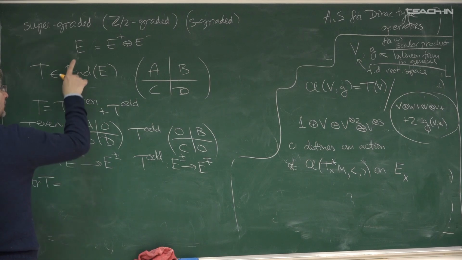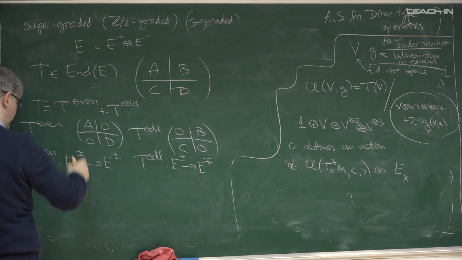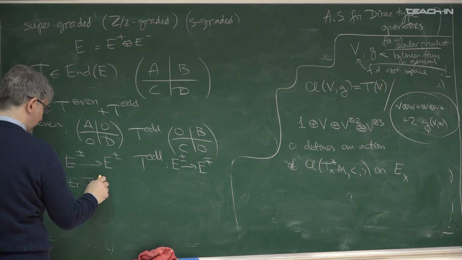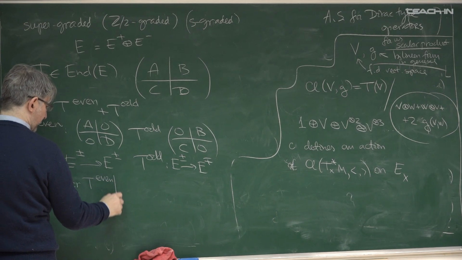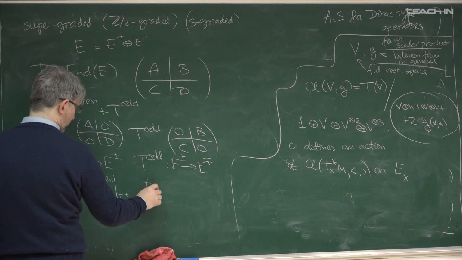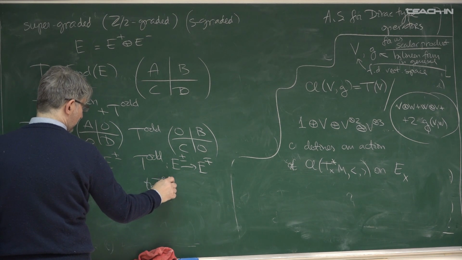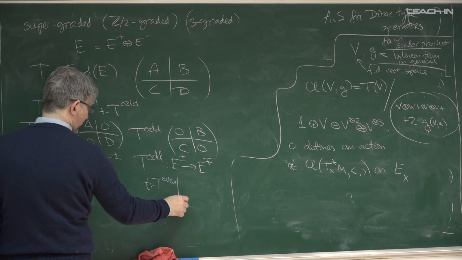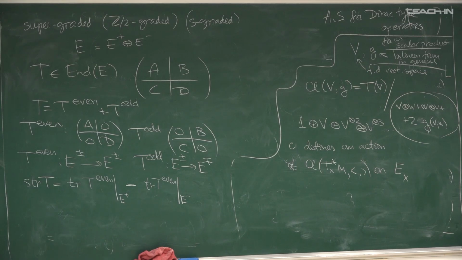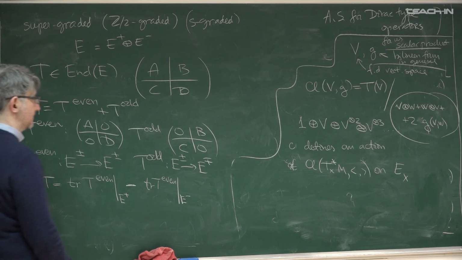But since this has a plus part and a minus part, we define it as follows. We take the trace of the even part restricted to E plus, and we take the trace of T even restricted to the minus part, and take their difference. So this is the notion of supertrace.